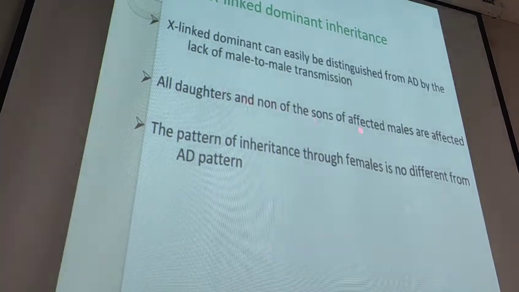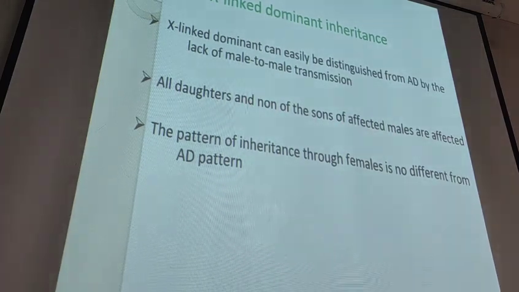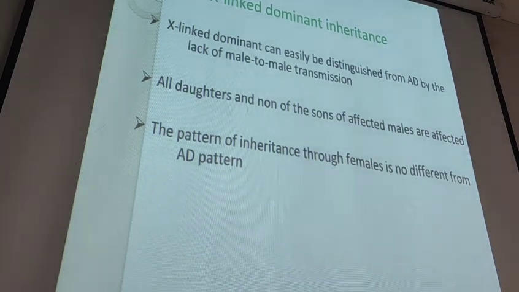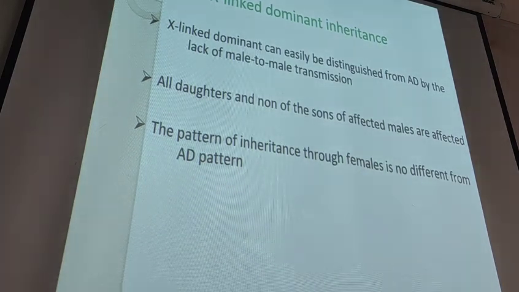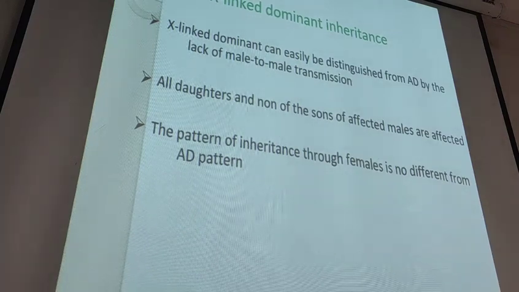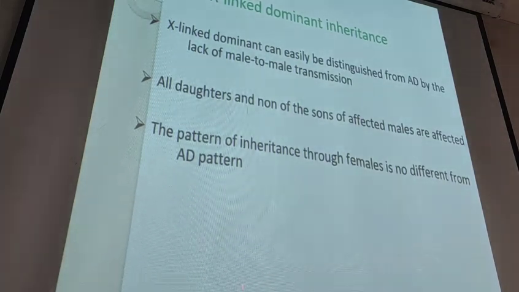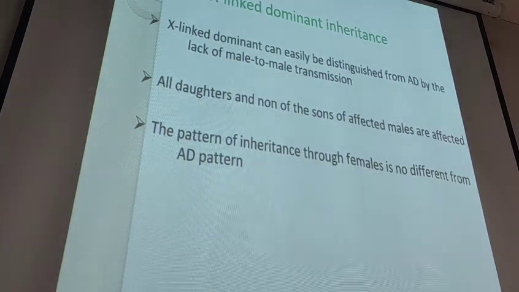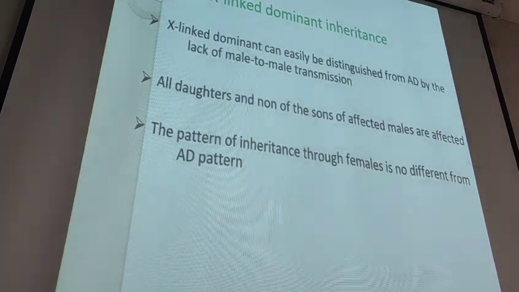All daughters and none of the sons of affected males are affected. If we have affected father, all of his daughters will be affected, but none of his sons will be affected. The pattern of inheritance through females is the same as autosomal dominant pattern.